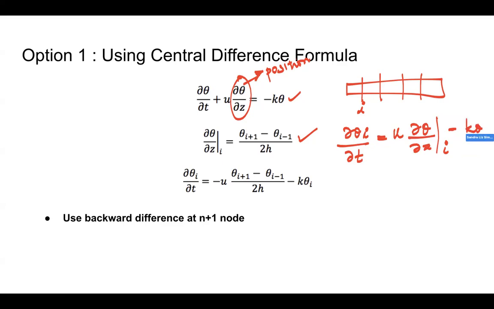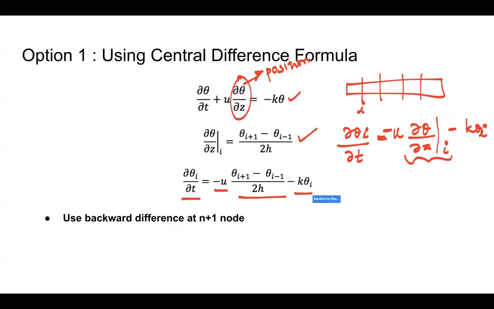If I'm taking this to the other side, there should be a minus u. So it will be like this, and this also will have k theta I. So for this portion, I'll have the finite difference equation. Finally, I'll get it like this: d theta I by dt is equal to minus u, this finite differencing formula, theta I plus 1 minus theta I minus 1 divided by 2h, minus k theta I.